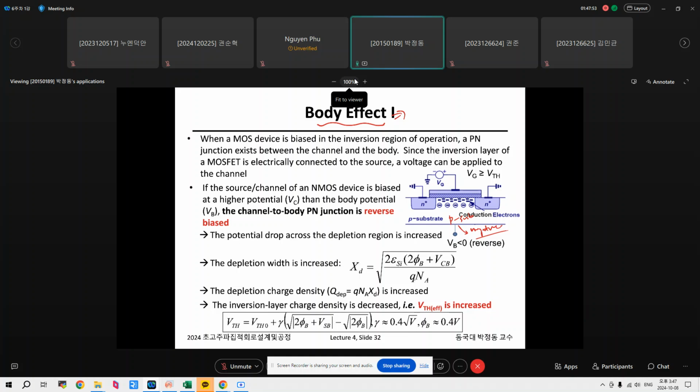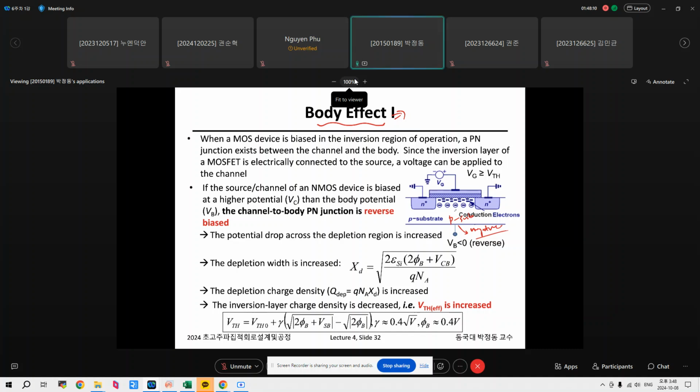This has to be more negative compared with the source.